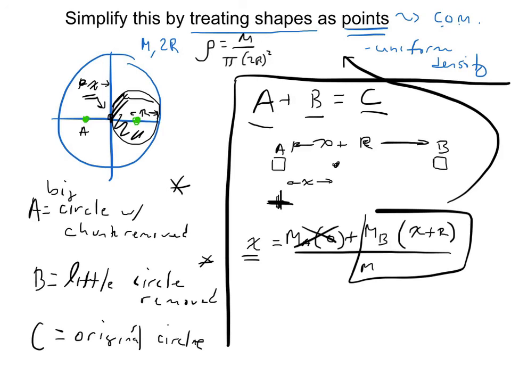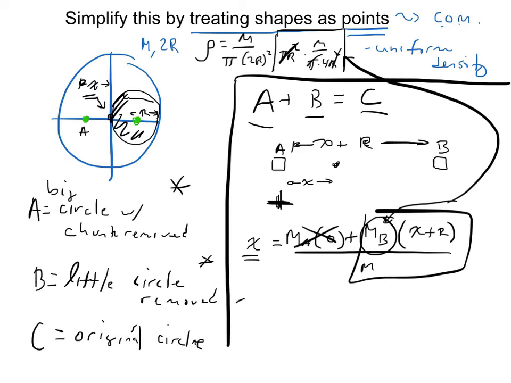So to find the mass of B, I'm just going to multiply the area of B, which is pi r squared, times the density, m over pi times 4r squared. And that's going to get me the mass of B, which is m over 4.